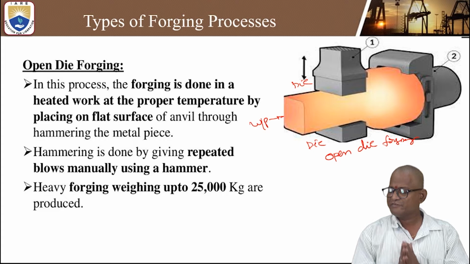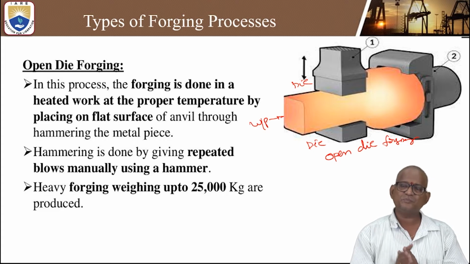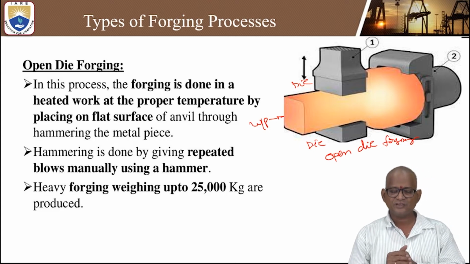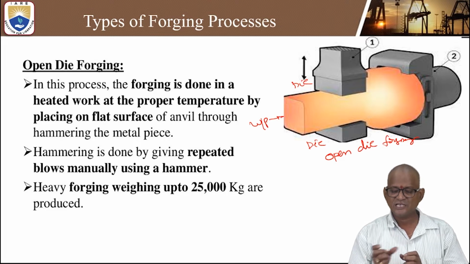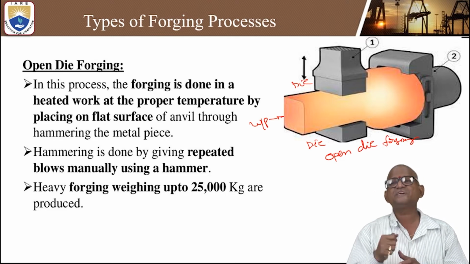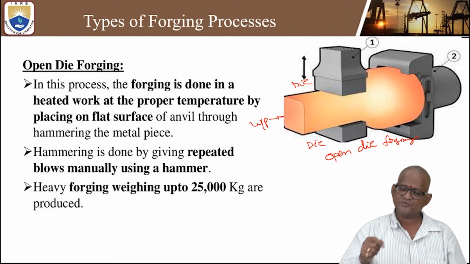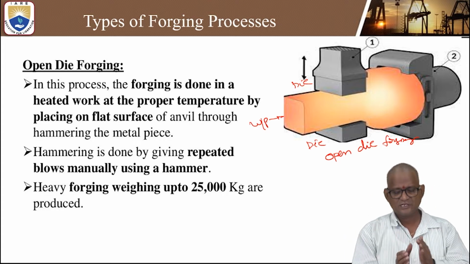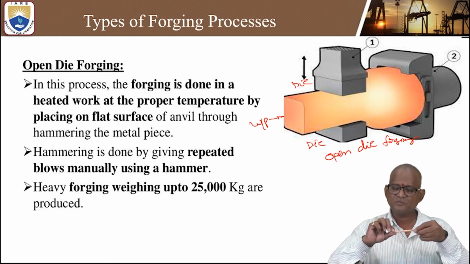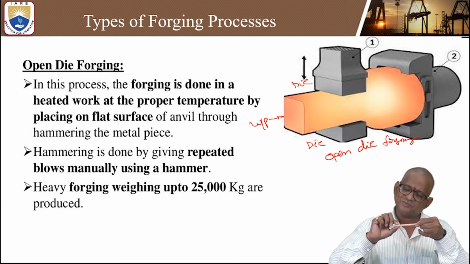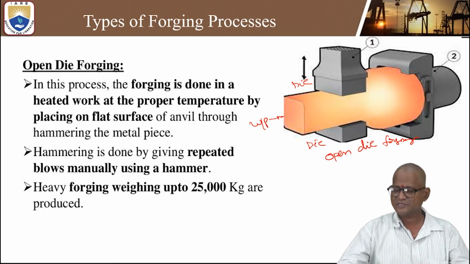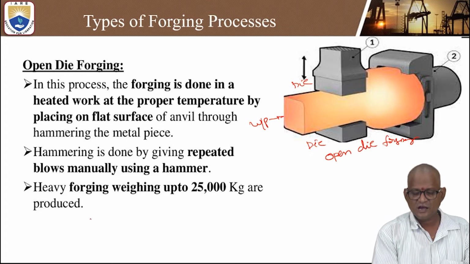Okay, hammering is another important technique, where you are able to change the shape by repeated blows. Here the term blow is very important. If you apply one blow, you can see this circle will change in shape.